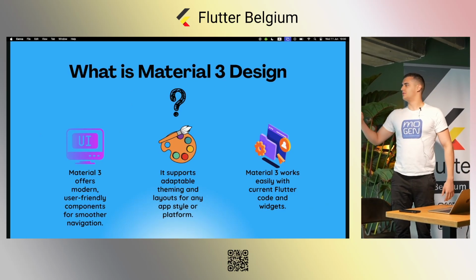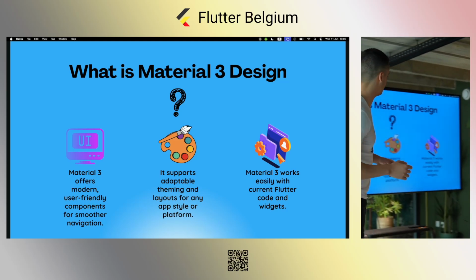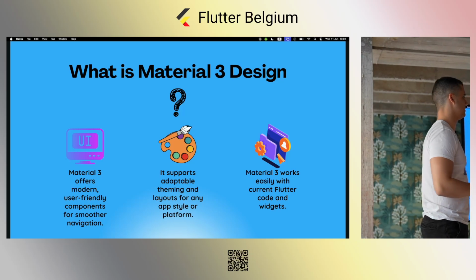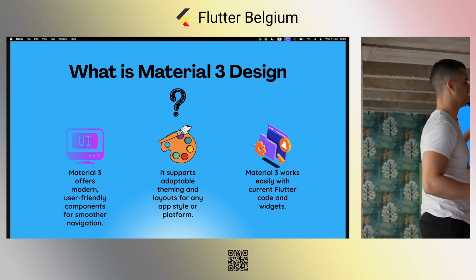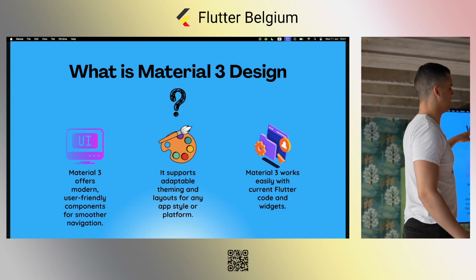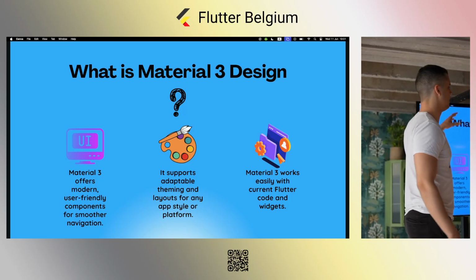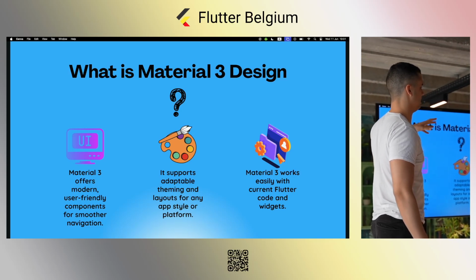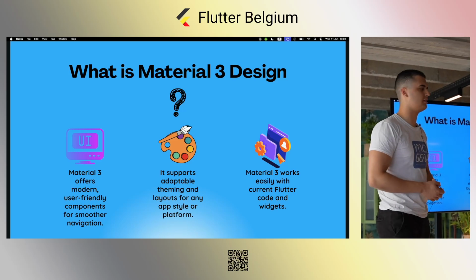Starting with what is Material 3 design, I'm sure most of you are familiar with what it is and how to implement it. It's just the simplest design system integrated in Flutter, and it gives you out of the box many features, like filled buttons, snack bars, elevated buttons, many dialogues, whatever you think of, which is very necessary for Flutter.